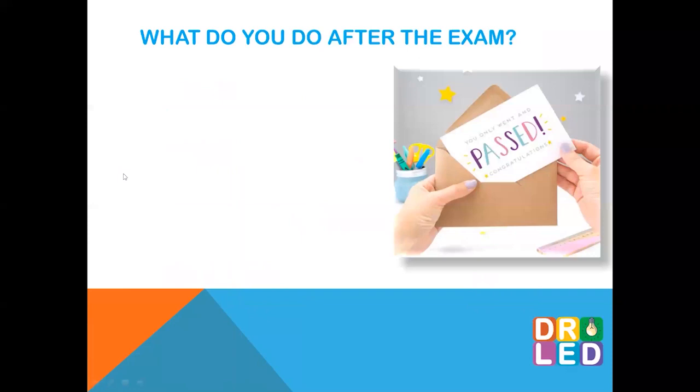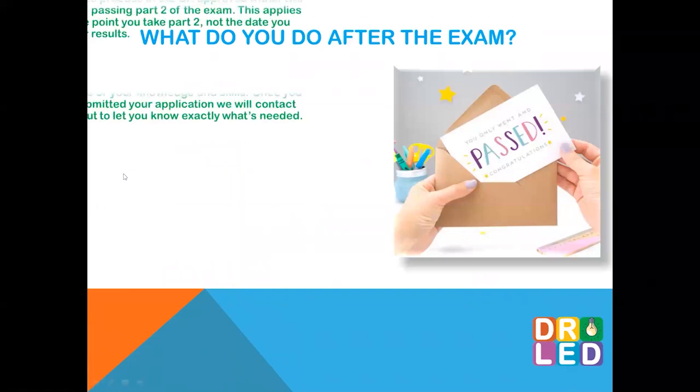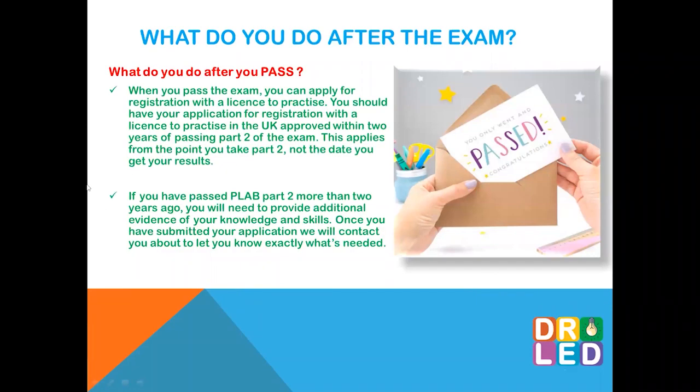So what do you do after the exam? What do you do after you pass the exam? When you pass the exam, you can apply for registration with a license to practice, and I hope you all pass your exam. You should have your application for registration with a license to practice in the UK approved within 2 years of passing part 2 of the exam.